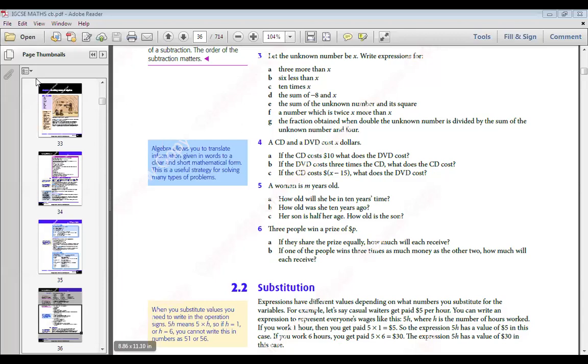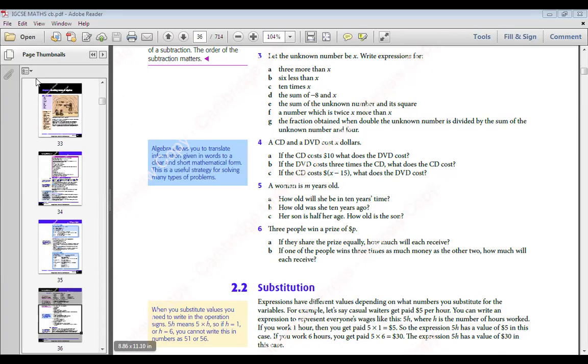So after 10 years, the age will be m plus 10. Okay. So how old was she 10 years ago? Definitely m minus 10.